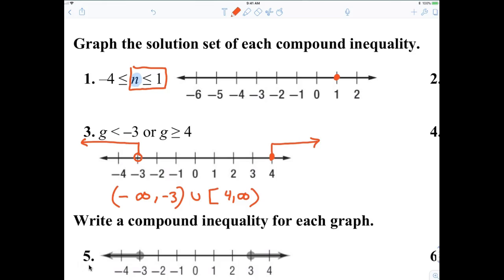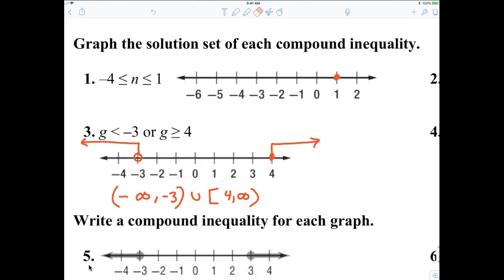Then you have to listen carefully now. I want to read the other direction. I don't want to say negative 4 is less than or equal to n. You have to listen to me or it's going to be confusing. It's very simple, but it can be confusing if you're not watching me.